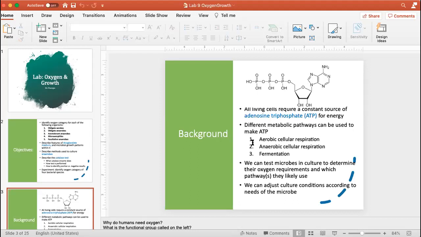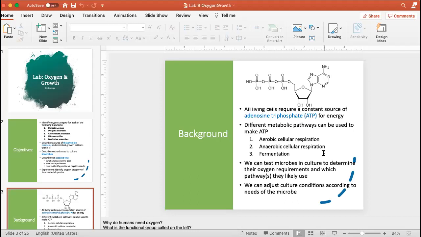Some microbes also use aerobic cellular respiration, but other microbes use anaerobic, and some microbes only use fermentation. There are still other microbes that use a mix of these. In other words, they can do different pathways under different circumstances. So they're a lot more metabolically diverse than you and I are.